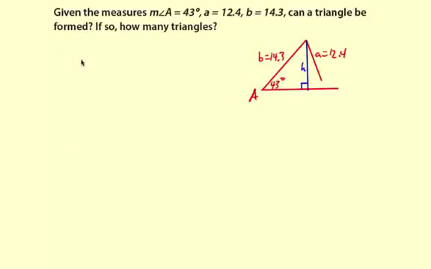Now the height of the triangle can be found using the sine ratio, and it's going to be the sine of 43 degrees equals the side opposite 43 degrees, which is h, to the hypotenuse, which is 14.3.